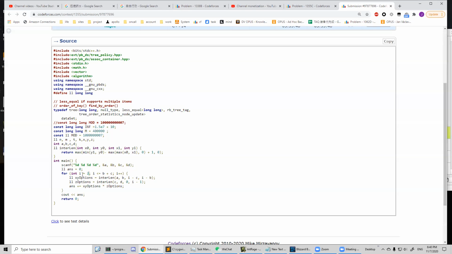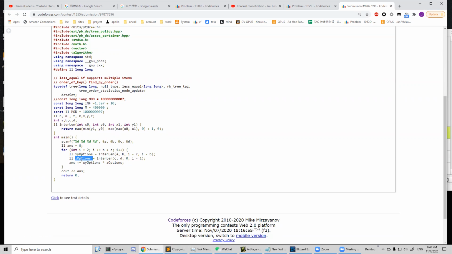And when we get the sum of x and y, we're going to calculate the number of possibilities of x and y, right? In this case, the number of possibilities of x equals the number of possibilities of y, right? So we just need to calculate the intersection of AB and this number, right?